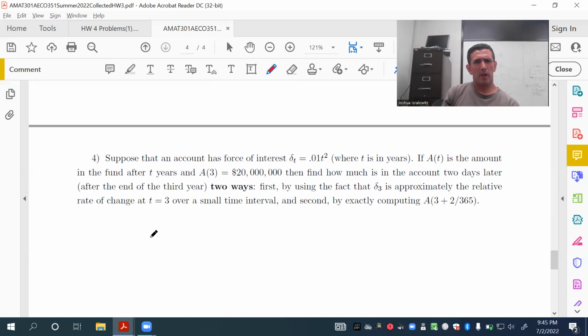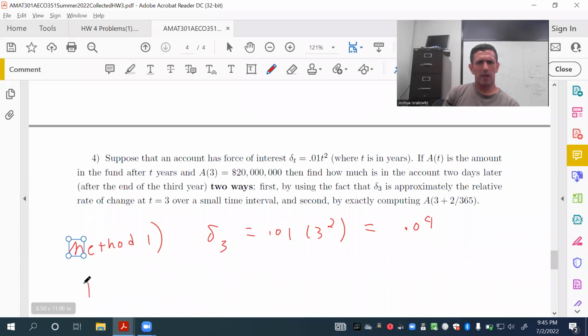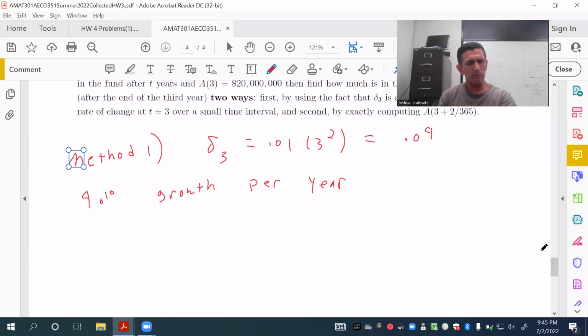But anyway, all right, so this is going to be 0.013 squared, which is 0.09. So we have 9% growth per year.